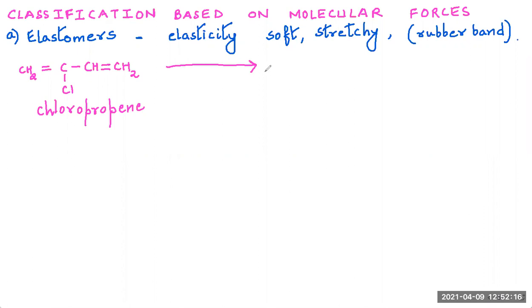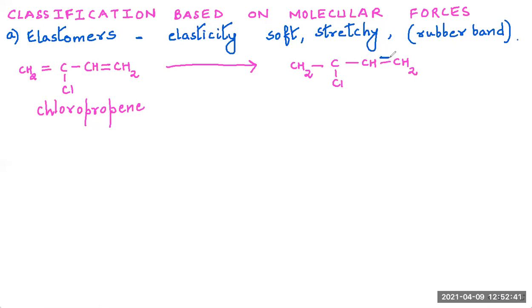So chloroprene on polymerization. Now be attentive. Are you looking at the board? Yes, ma'am. I'm just writing everything except the double bonds. Now I am making the double bond.